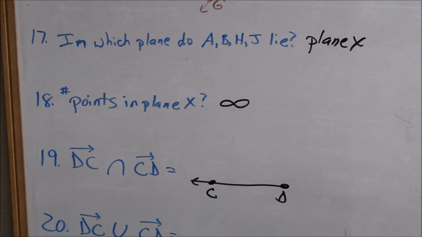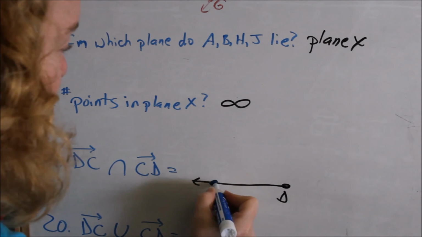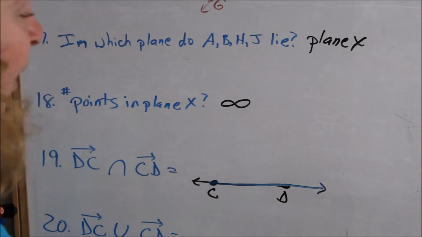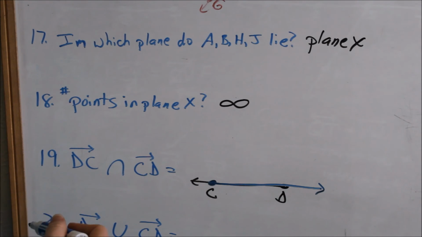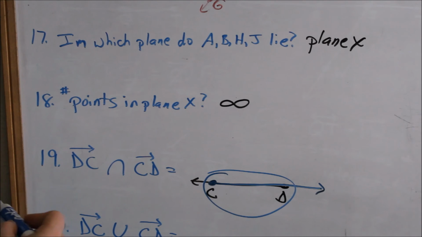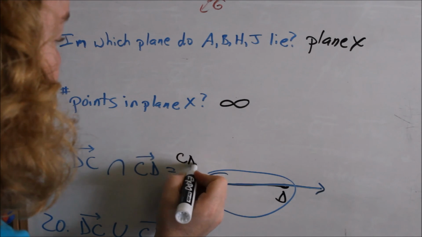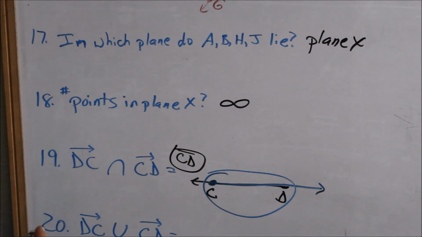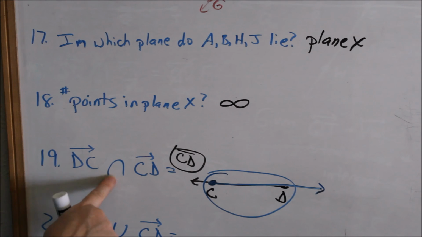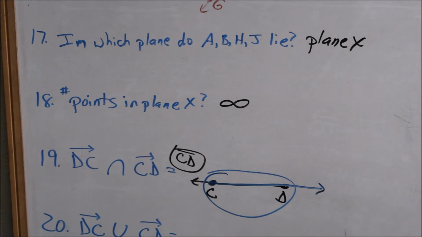Now we want CD, which means we start with C. There's C, and we go towards D. Where do our two colors overlap? At this line segment right there. The blue and the black overlap at line segment CD. So where the two colors overlap is line segment CD. So when you intersect ray DC and ray CD, you make up line segment CD.